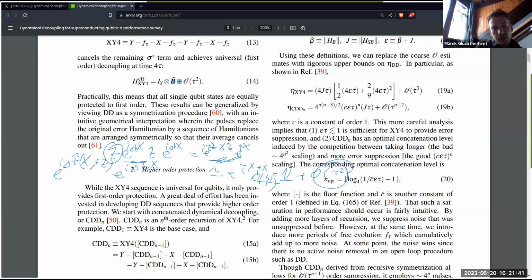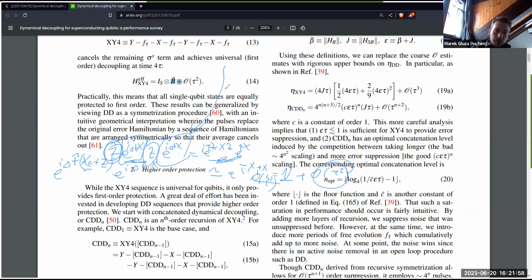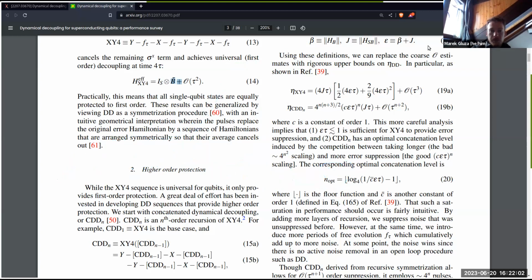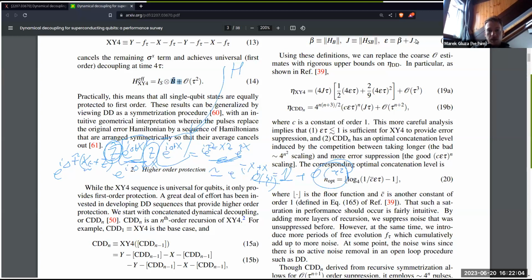So you see, sometimes this x is still acting, but it should be basically with some epsilon, much smaller. That's why we can neglect it, and that's why we just put z, and then we have the idle evolution, z and idle evolution. And then if you want, you can replace in the notation this with h, with the full Hamiltonian. Okay. I flushed it out again a bit, but it's maybe not very nicely written.